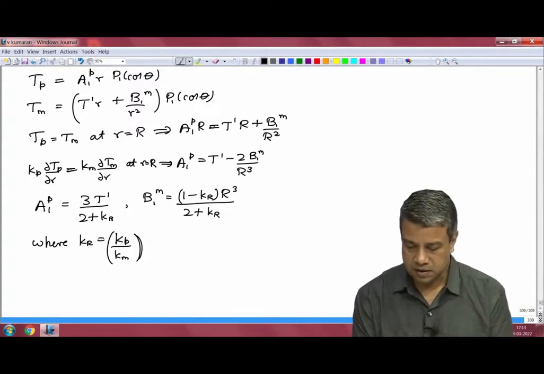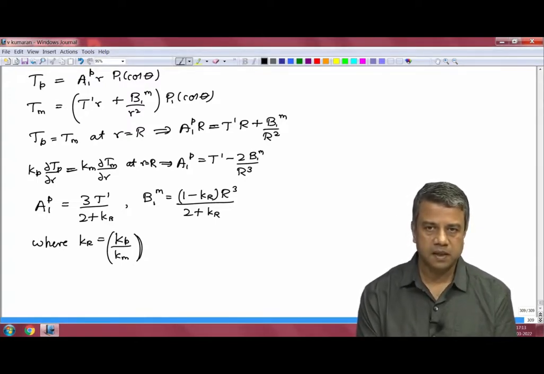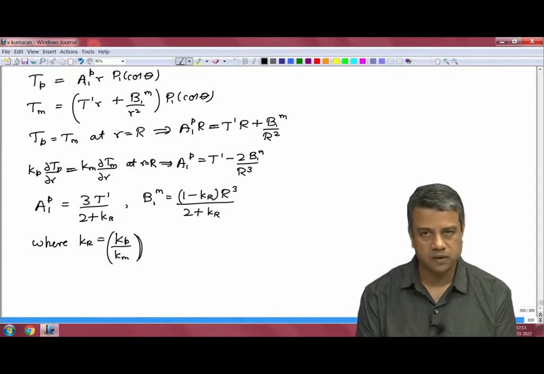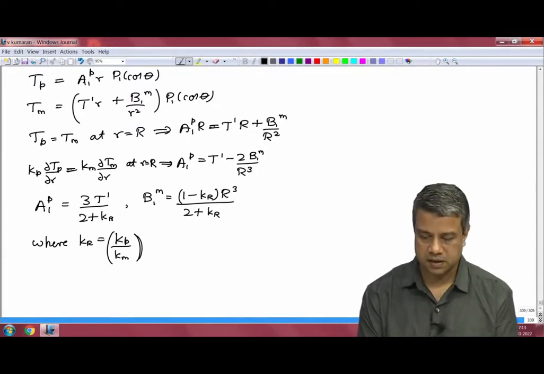This is greater than 1 for a particle that is more conducting and less than 1 if the particle is less conducting.